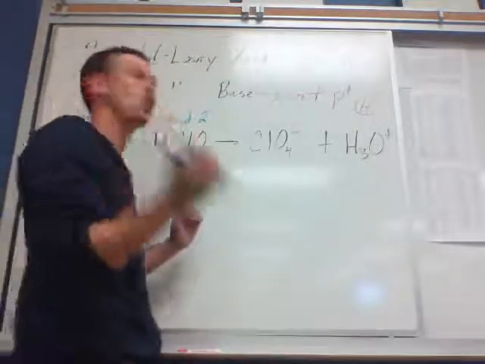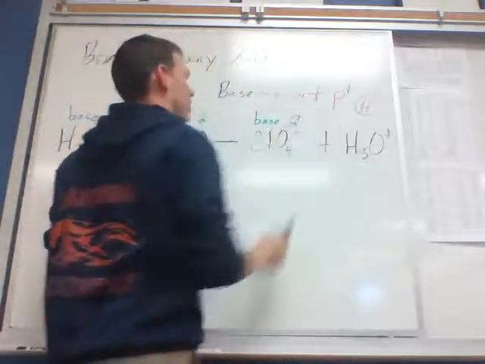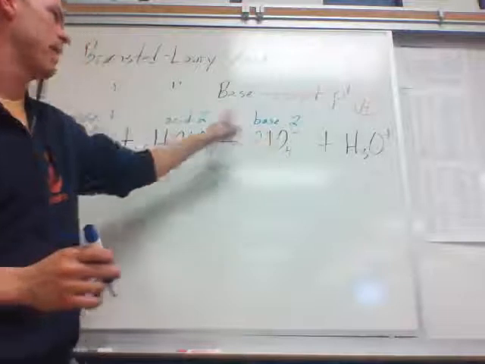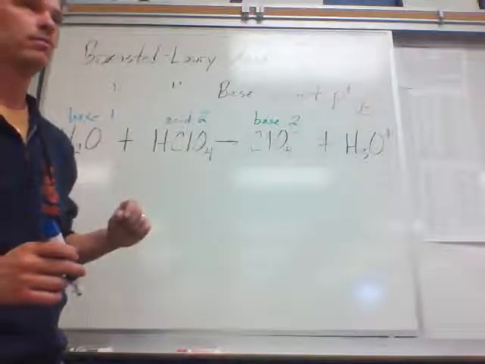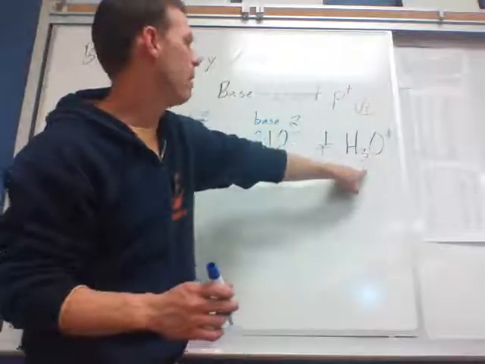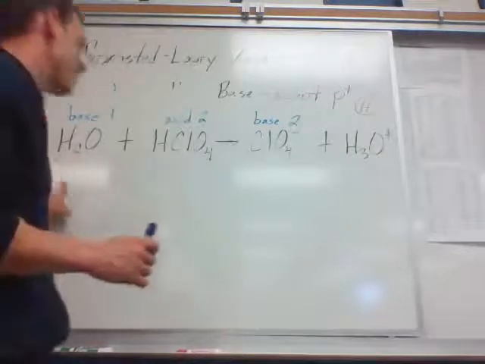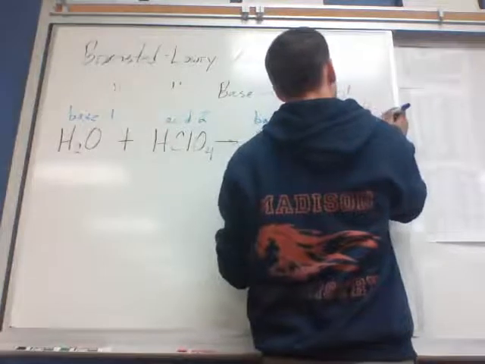So this will be the conjugate base 2, which puts them together. That's the conjugate base of my acid. The hydronium was a modified version of the water. So I will say that they are connected together, and this is the conjugate acid.